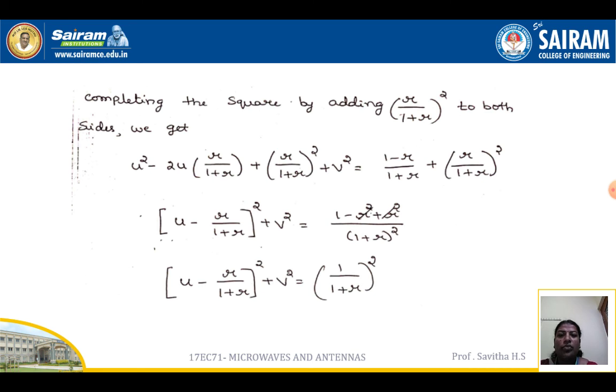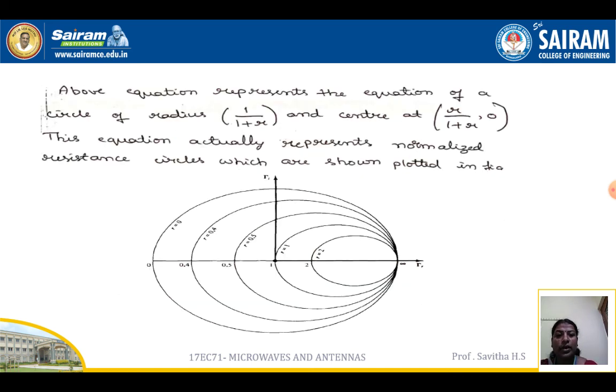Completing the square by adding (R by (1 plus R)) whole square on both sides, as you can see in the diagram, U minus R by (1 plus R) whole square plus V square. Taking the LCM, R square gets cancelled, and the remaining term is 1 divided by (1 plus R) whole square.